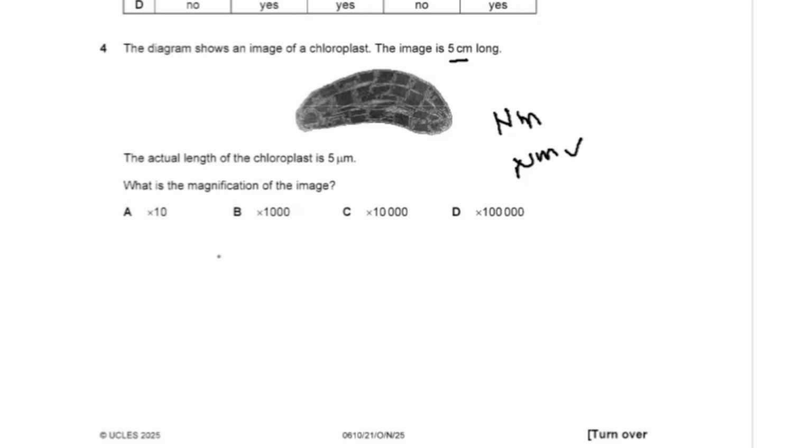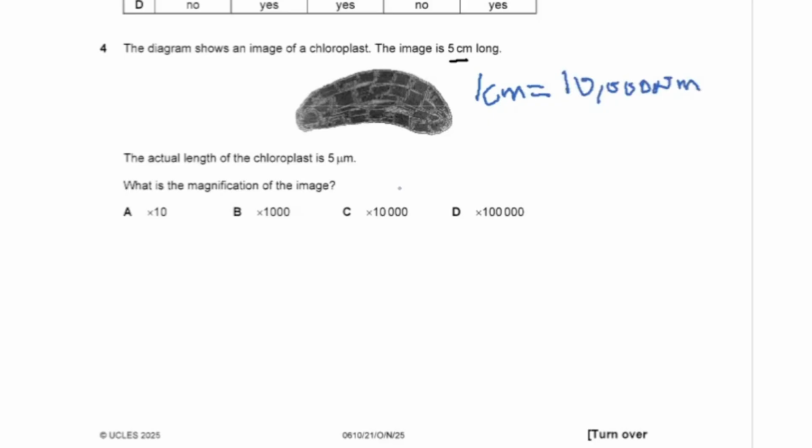What you need to do here is very easy. It's not difficult at all, but the first thing you need to know is that you have to take them to the same units. You have to make sure that the units are the same before you find your magnification. So let's see how you can take that to the same unit. You know already from our basic biology that 1 cm is equivalent to 10,000 micrometer.